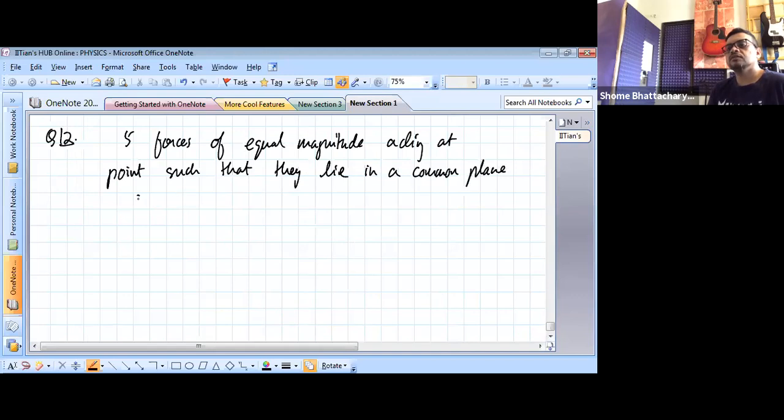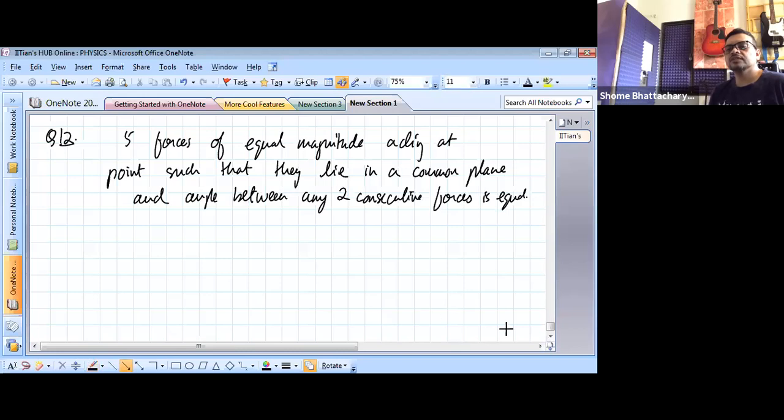And the angle between any two consecutive vectors, or in this case consecutive forces, is equal. So you have to find the resultant. So first of all, let's understand what the question is saying.